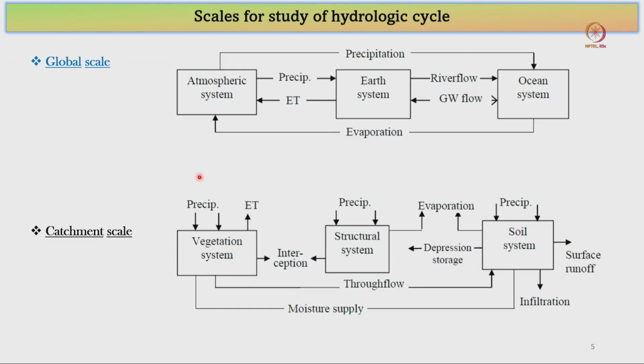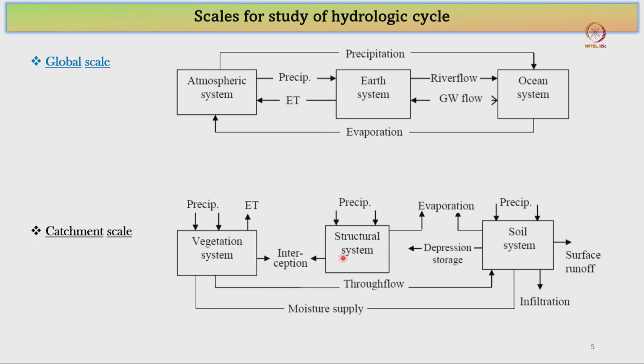From precipitation, water is coming in, it is moving into the vegetation system, and through evapotranspiration some water is getting lost. Interception is happening, and water moves towards the structural system. Precipitation also allows water to flow into the structural system, that means lakes, rivers, soil moisture, everything.